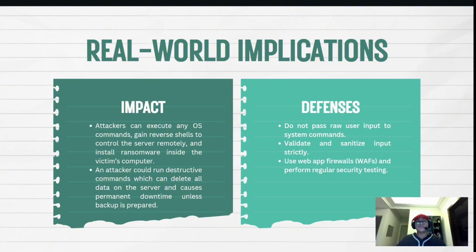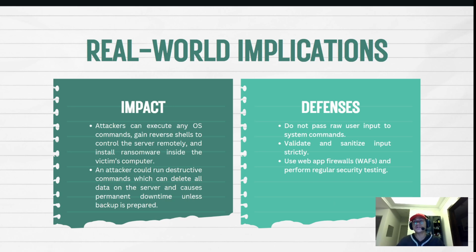The impact of command injection is that attackers can execute any OS commands, gain reverse shells to control the server remotely, and install ransomware on the victim's computer. An attacker could run destructive commands which can delete all data on the server and cause permanent downtime unless a backup is prepared.